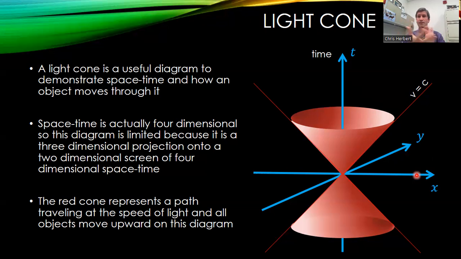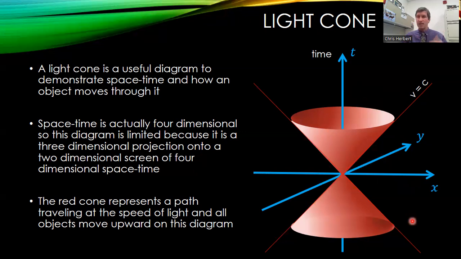If I rotate this in 2 dimensions, it's actually rotating in 3 dimensions. If I could draw this as a 4-dimensional diagram, we would get this cone-like surface. Now, all I'm able to show here is x and y.